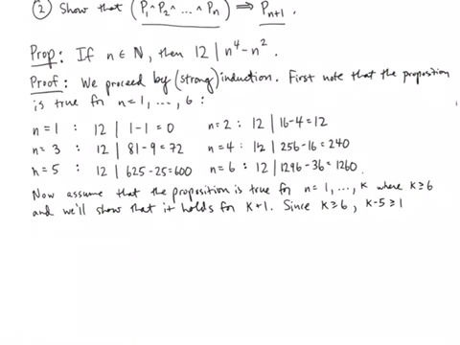So k minus 5 is a natural number for which the proposition is true.